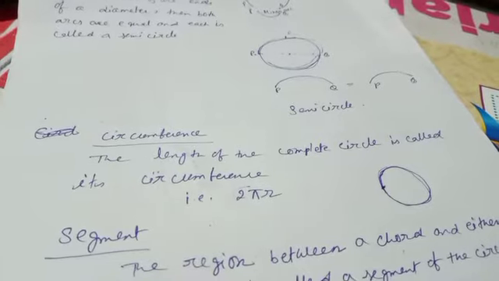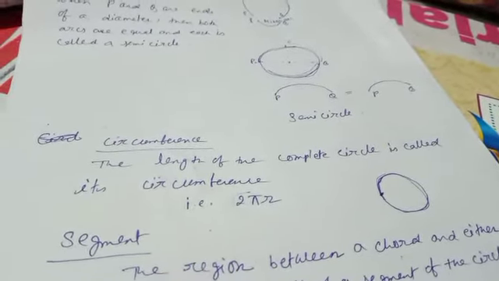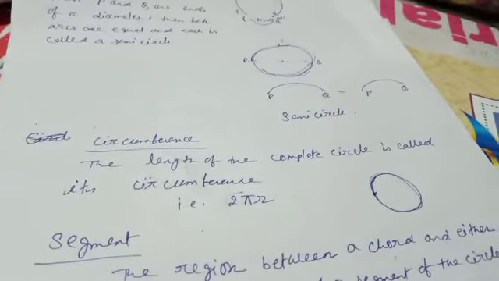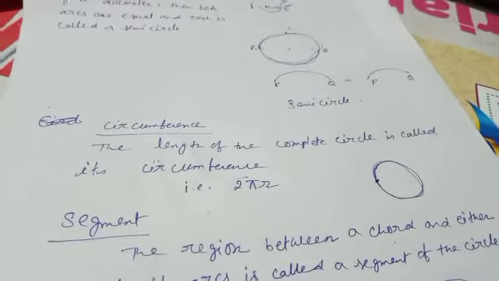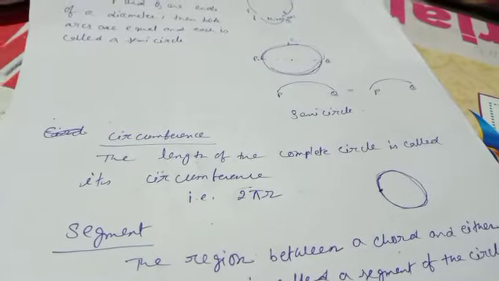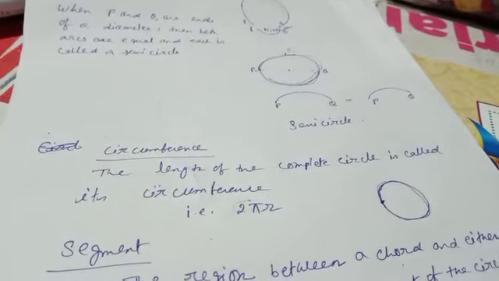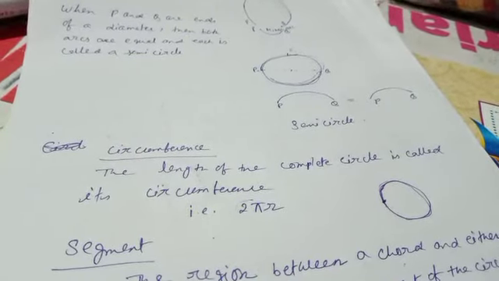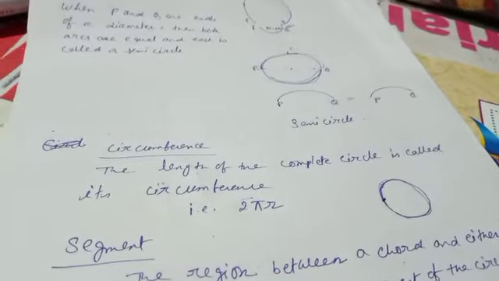You have to know all the parts of the circle. You have to recognize easily, by looking at a circle, which part is the circumference, which is a segment, which is a sector, and which is a chord. I hope all of you understood all these important terms. In case of any confusion related to these topics, please get back to me. Feel free to ask me anything regarding these topics.